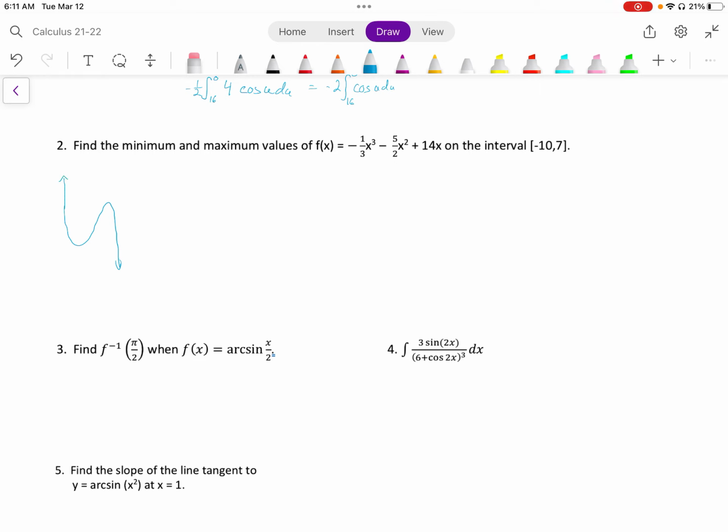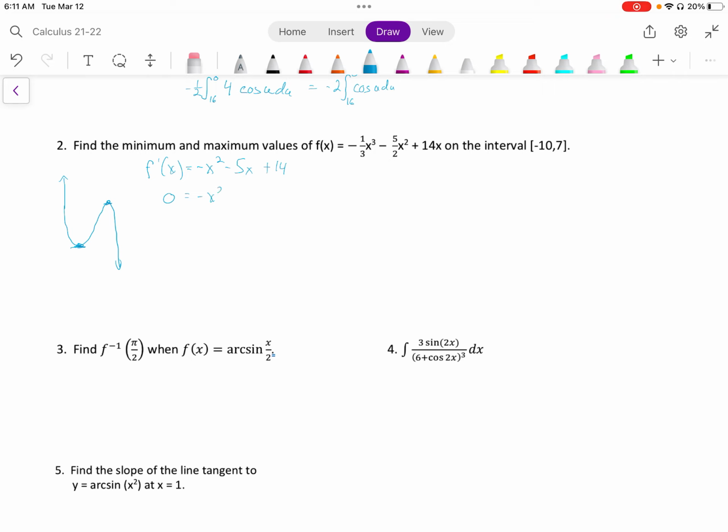So we're going to find this minimum and maximum point by taking the derivative. And so that's negative x squared minus 5x plus 14, setting it equal to 0, because we want to find when the slopes of the tangent line are 0.